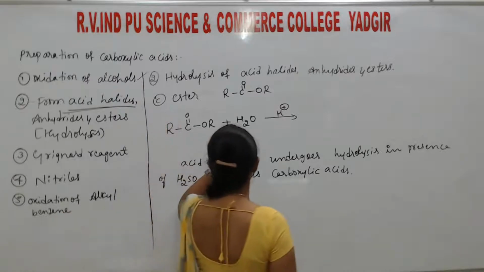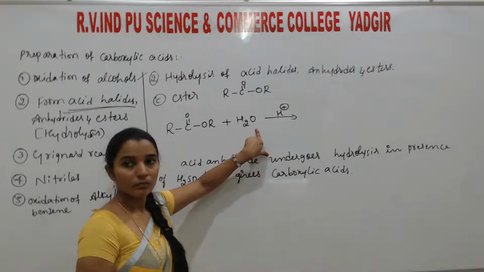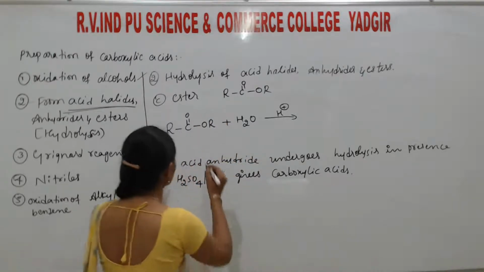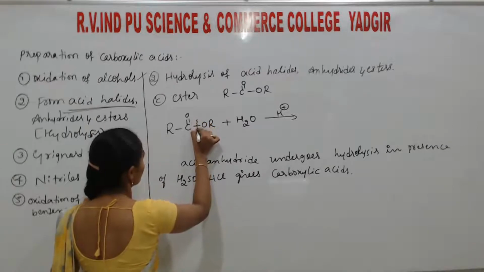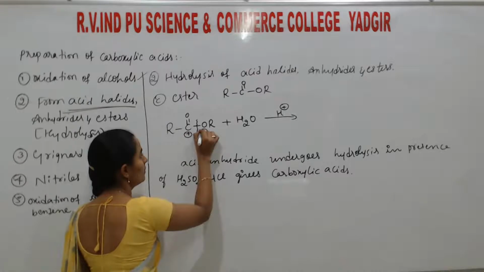So here what happens? This is H plus and OH minus. Understood? H plus and OH minus. Here it just dissociated, so this will get plus charge, this will get minus charge.